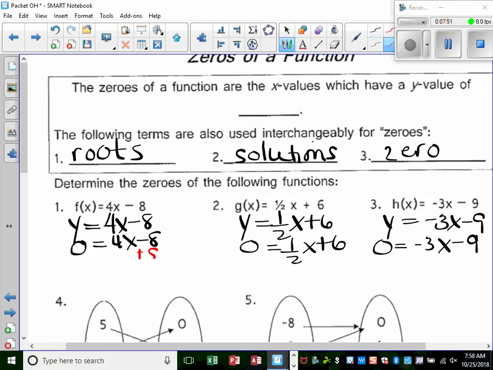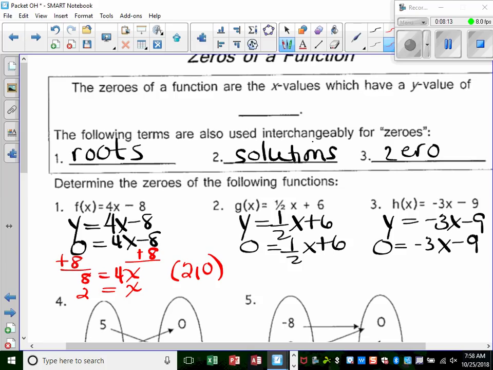We're going to add 8 to both sides. So I'll have 8 equals 4x. And so when I divide by 4, x equals 2. So my coordinate for the x-intercept would be 2, 0. Okay, I just did that. Solve it for x.